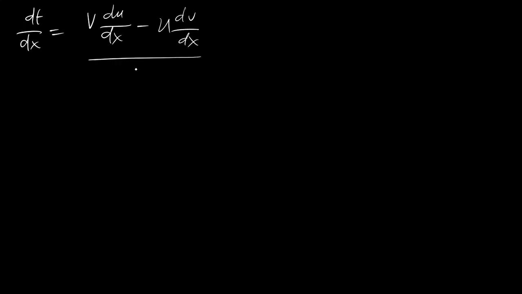Now we are looking for dt/dx, which is equal to (v du/dx minus u dv/dx) divided by v squared. Now our u is equal to 2x minus 3.